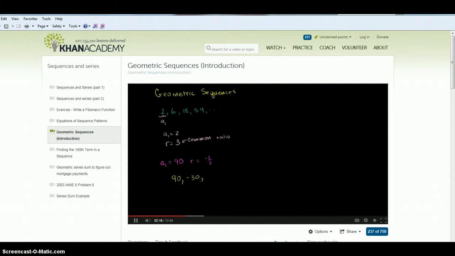Then the next number is negative 1/3 times negative 30. 1/3 times 30 is 10. The negatives cancel out, so you get positive 10. Then the next number is 10 times negative 1/3, or negative 10/3. And then the next number is negative 10/3 times negative 1/3. It's going to be positive 10/9. And you can just keep going on with this sequence.